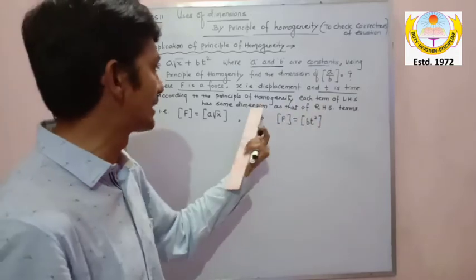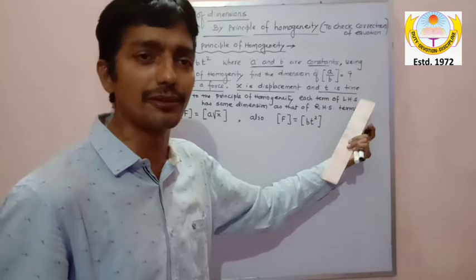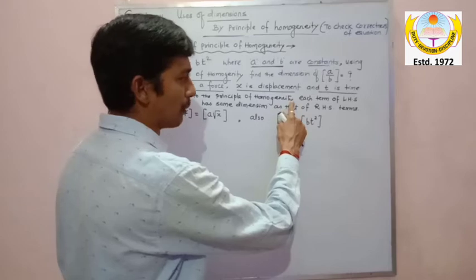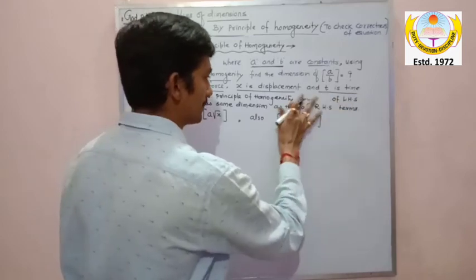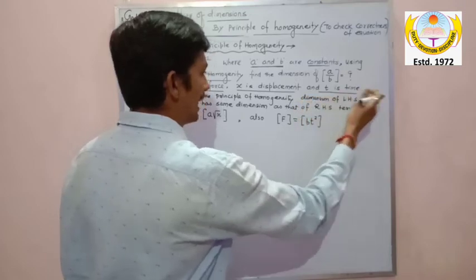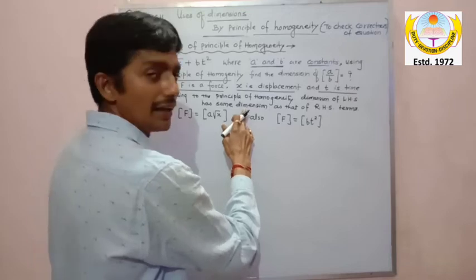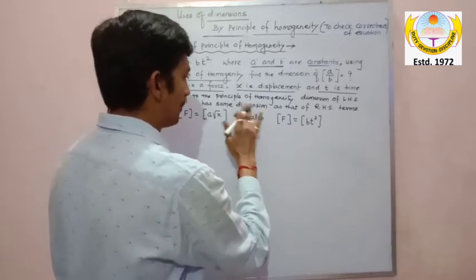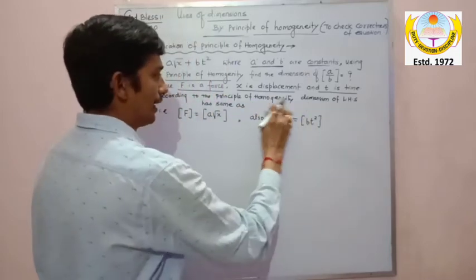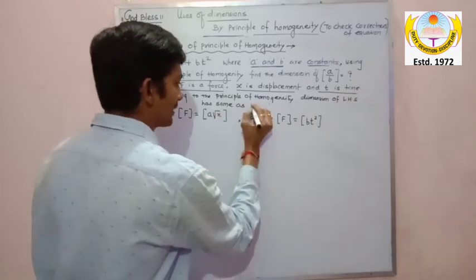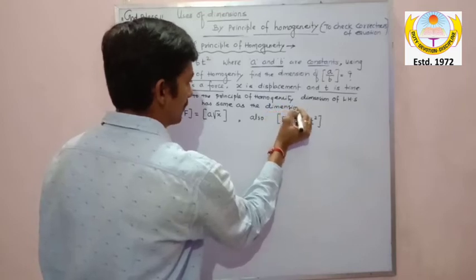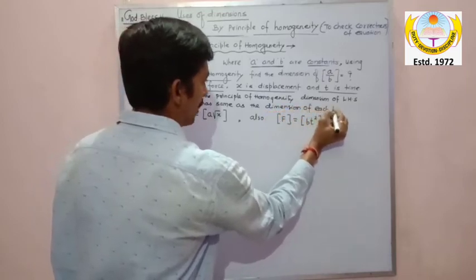Each term of LHS has the same dimension as that of RHS terms. Or you can say, according to the principle of homogeneity, the dimension of LHS is the same as the dimension of each term of RHS.